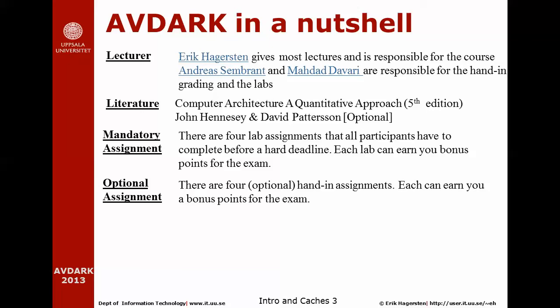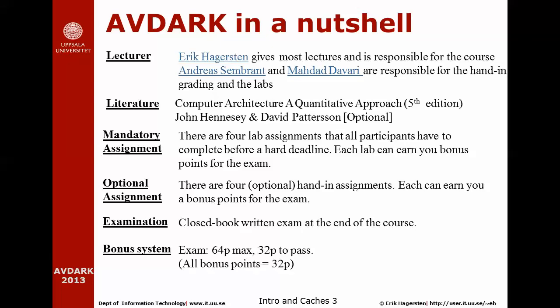But if you complete them with some reasonable accuracy, that will also earn you bonus points for the exam. The exam is a closed book exam at the end of the course, and you can earn a maximum of 64 points on the exam. And if you gather all the bonus points in this course, that will give you exactly what's needed to pass that exam.